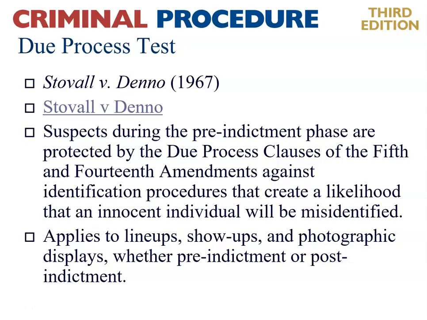Even in being arrested, but right before the identified critical stages, the adversarial stages that start to happen, they're still not entitled to an attorney, but once that critical stage starts, they are. But the Stovall case does apply and says that they're still entitled to due process, which means proper procedures. And that's whether or not they have an attorney. So hopefully that makes sense as well.